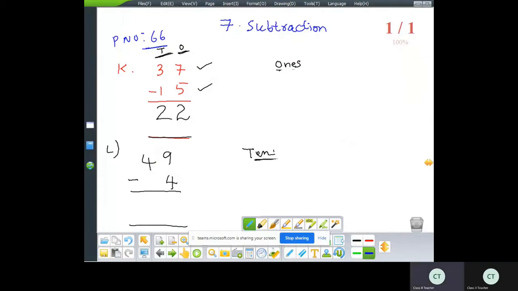We write place values 1 and 10. Now subtracting on the one place. In the one place, the digits are 9 and 4.